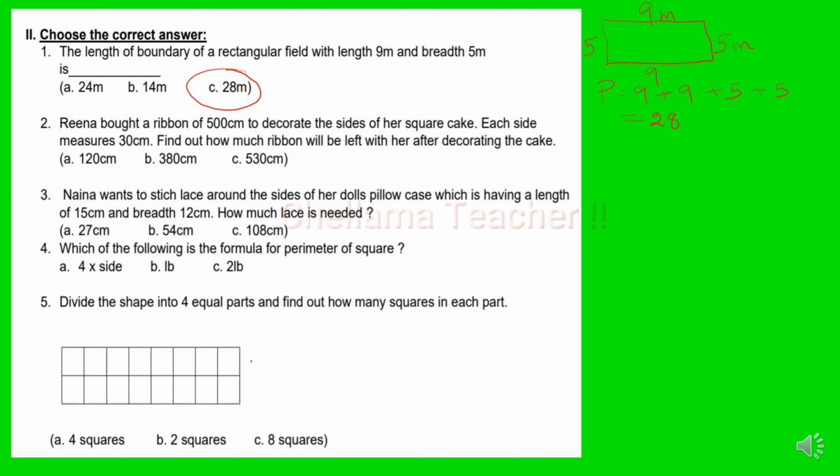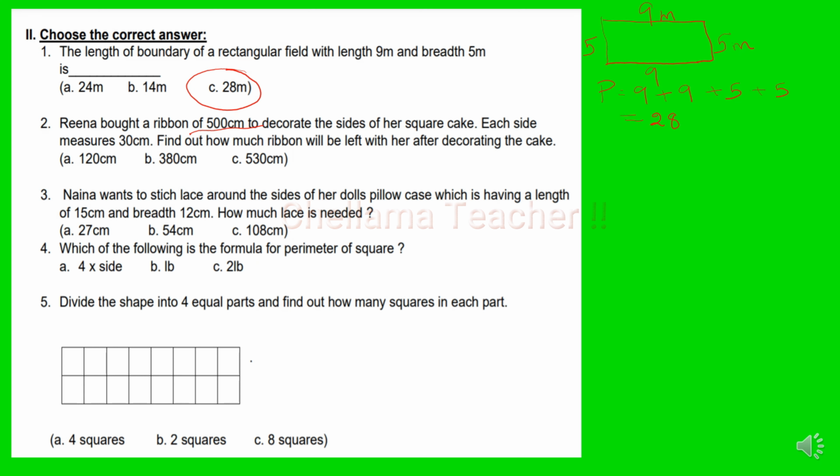Second question. Reena bought a ribbon of 500 centimeter to decorate the sides of her square cake. Each side measures 30 centimeter. Find out how much ribbon will be left with her after decorating the cake. So the length of the ribbon is 500 centimeter.